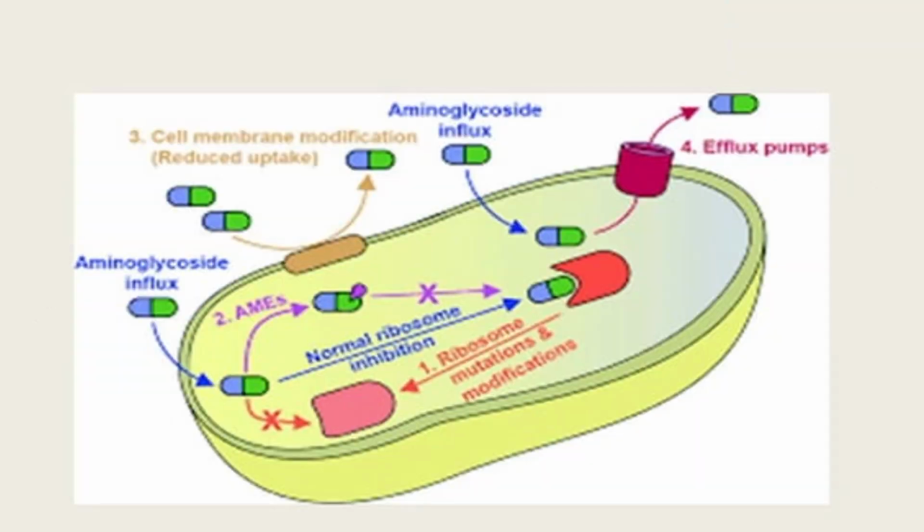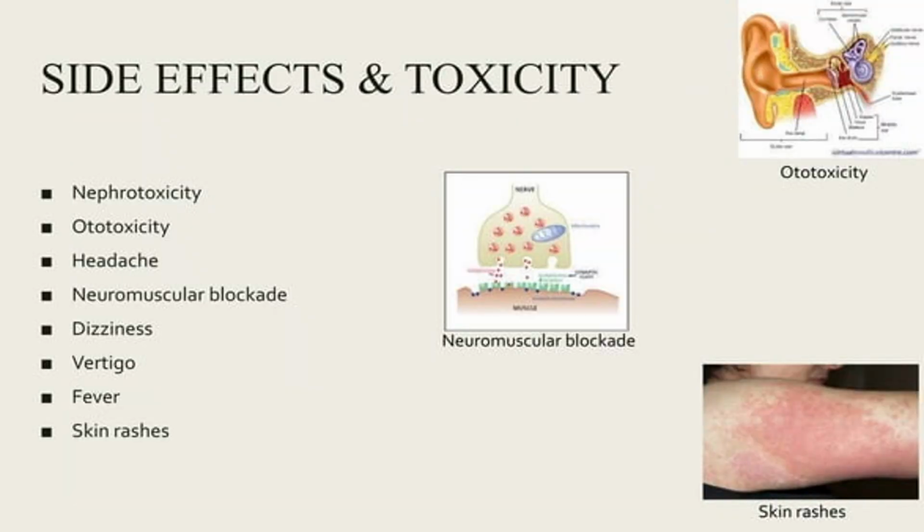Now, what are the side effects and toxicity effects of the aminoglycoside type of antibiotic? No doubt, having a macromolecular structure, the drug is going to be nephrotoxic in nature. They will produce ototoxicity. Some side effects are headache, neuromuscular blockage, dizziness.